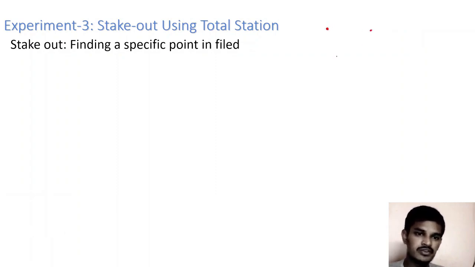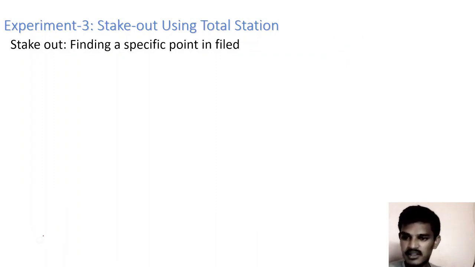So we did the method of resection in order to find the lost or missing point, lost for any particular reason, right? Resection is a physical method through which we calculated the lost point, right?